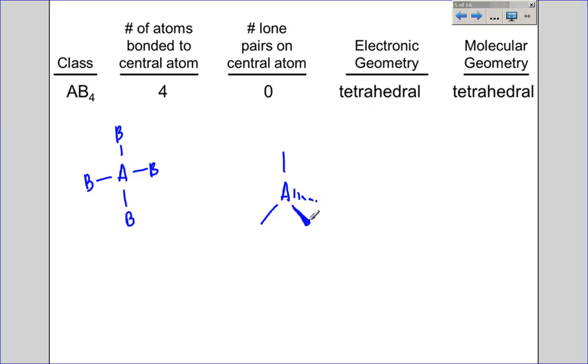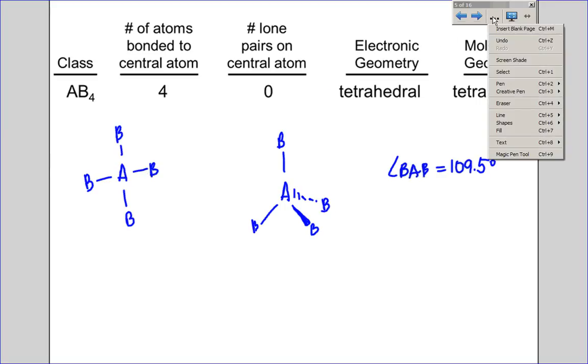So what you need to be able to do is train your brain to be able to see that this is coming out at you and this is going away from you. Okay? And the atoms are attached. And all of the angles here, the angle BAB, they're all equal to one another, and they are all 109.5 degrees, which, as you can see, is better than if we left it with this geometry, where the angles are all 90 degrees.